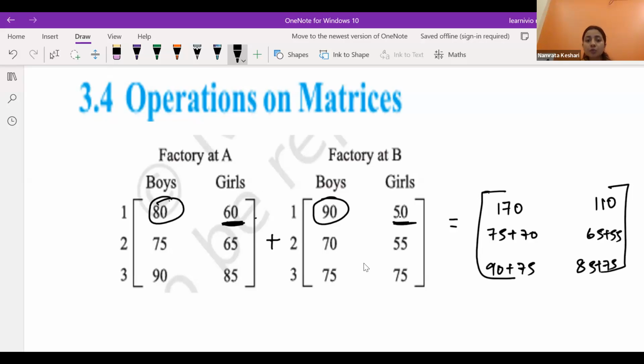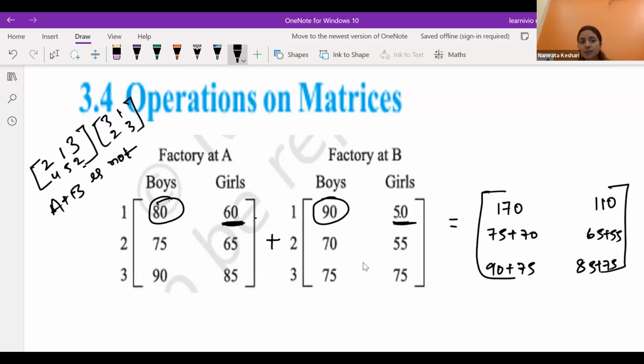The condition is, when the orders are not the same, we say A plus B is not defined. If the question says to add two matrices, suppose I write 2 1 3 4 5 2 added with 3 2 1 3, clearly we can see the orders of these two matrices are not the same.